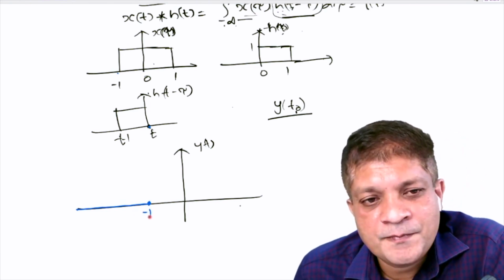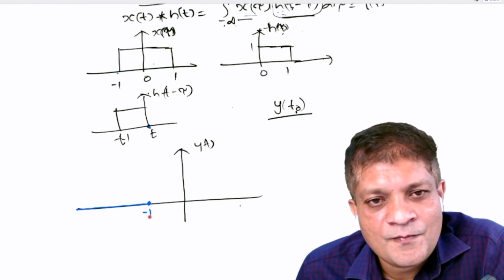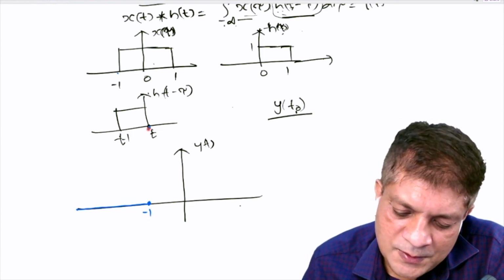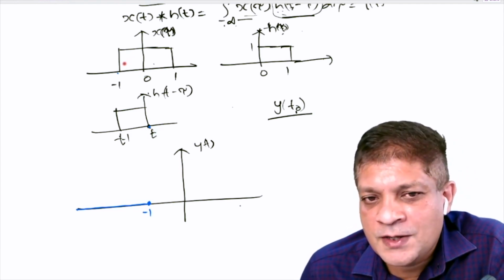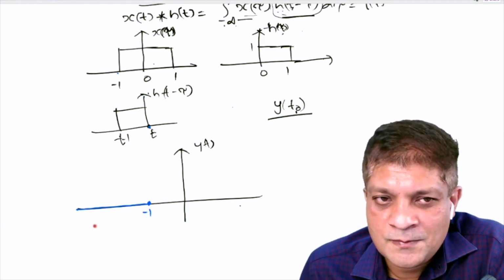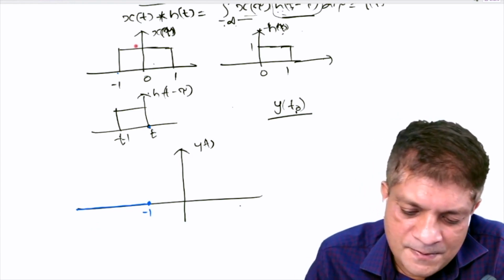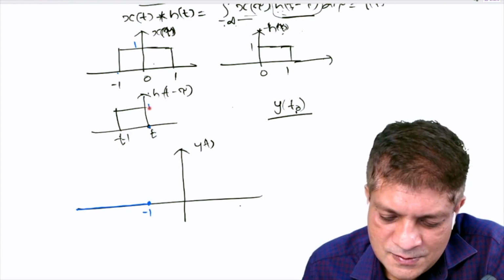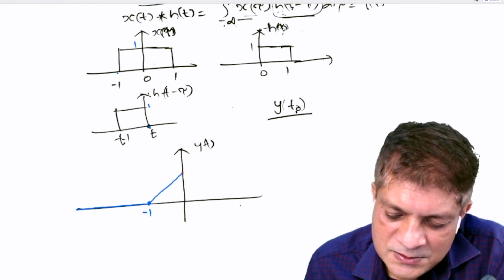Now what happens? For example, if it is at 0, you have to multiply these two signals and find the area. So can you tell me what is the shape after this minus 1? Is the area linearly increasing? If this is 1 and 1, is it something like this?